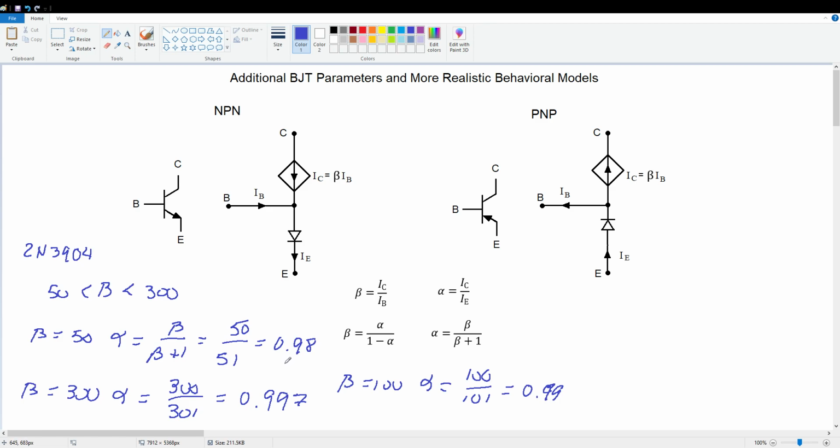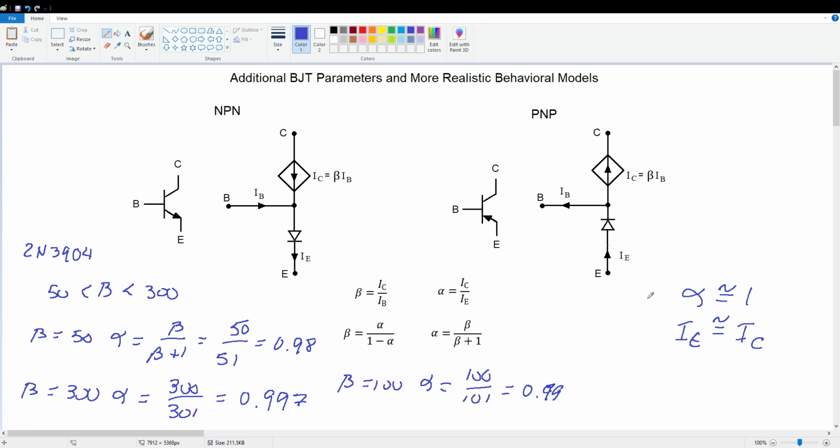So a reasonable approximation that we can use is alpha is about equal to 1. And that's equivalent to assuming that emitter current is about the same as collector current. We've used that approximation previously.